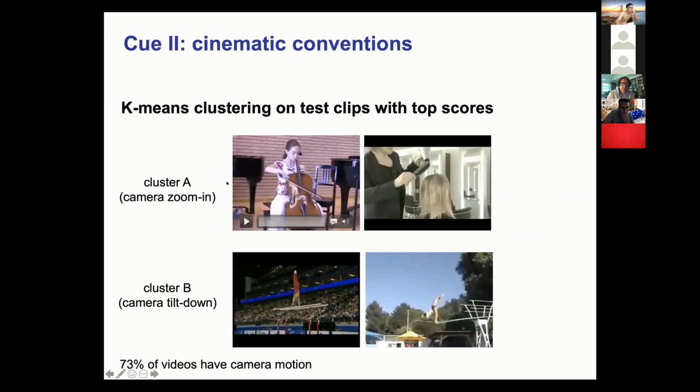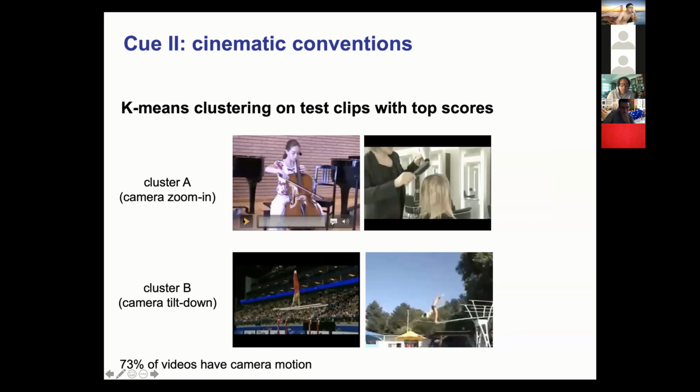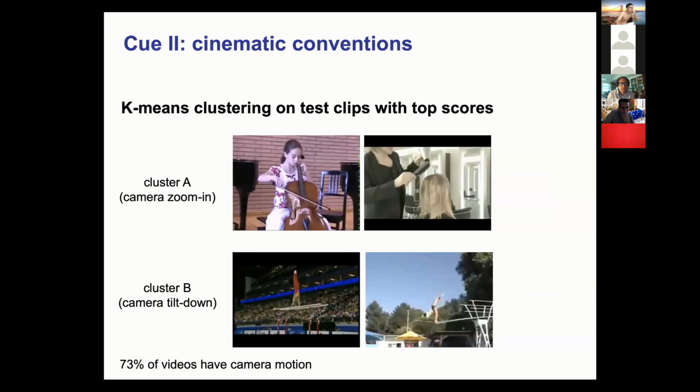Here's another one that took us a while to figure out. There are certain cinematic conventions that are used. For example, camera zooming in. Typically, the photographer zooms in on a subject and they much less often zoom out from a subject. Here's an example. This is a typical photographic convention that's followed.